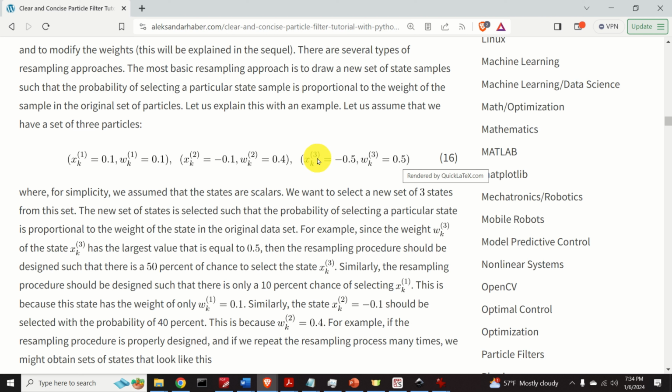Similarly, the resampling procedure should be designed such that there is only a 10% chance for selecting x_k with the index 1. This is because this state has the weight of only w_k^1 equal to 0.1. Similarly, the state x_k^2 equal to minus 0.1 should be selected with a probability of 40%. This is because of the weight that is equal to 0.4.